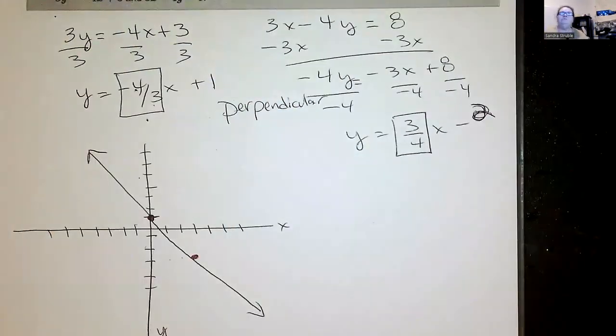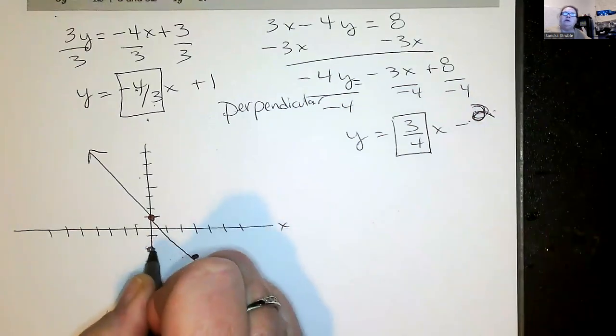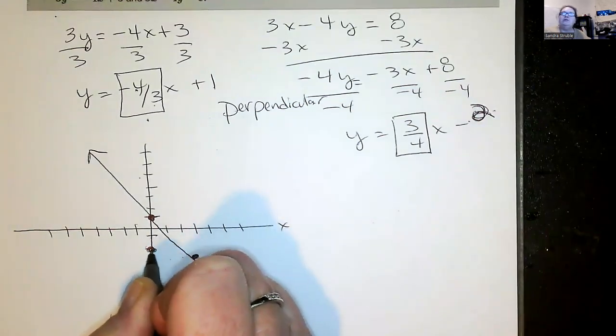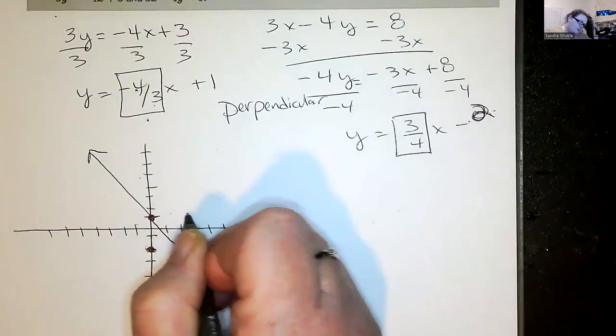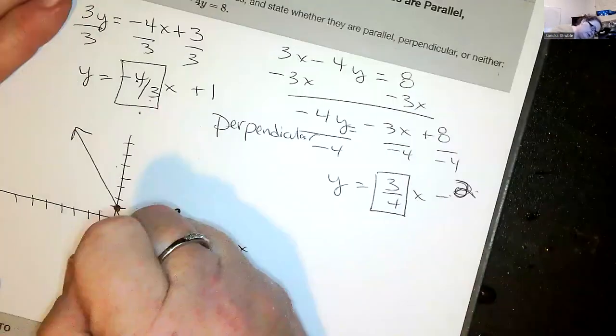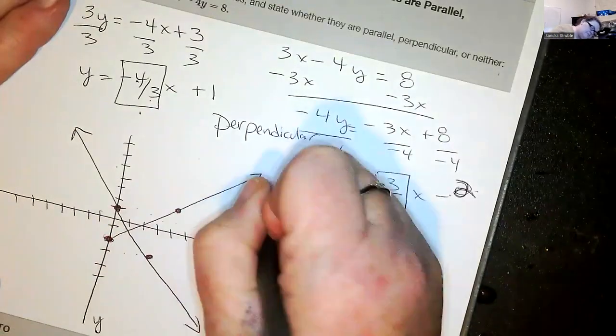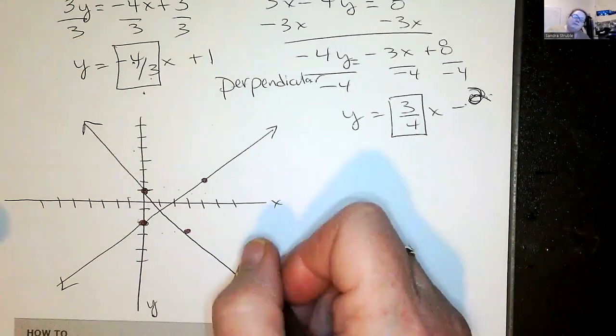All right, then the next one is just -2 is my y-intercept. And then from my y-intercept, I've got a slope of 3/4. So I'm going to go up 3, 1, 2, 3, and over 4, 1, 2, 3, 4. It's pretty darn good. So the last thing I have to do, because it's going to make me crazy if I don't, is name my babies.